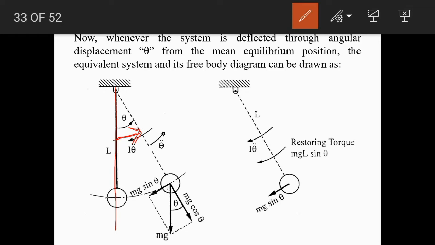Here the system is moving in the counterclockwise direction when viewed from the front, so it has an acceleration in the counterclockwise direction. So the inertia force I theta double dot would be considered in the clockwise direction when viewed from the front.